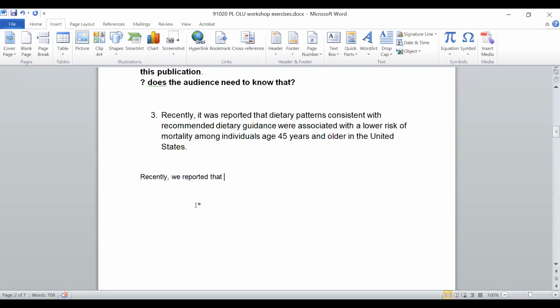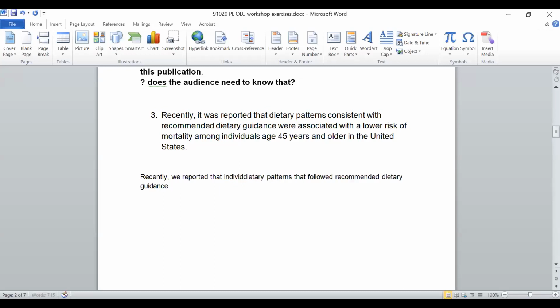Now, this is also a little difficult. Instead of "it was reported," we've got this active. Dietary patterns that followed, and I might not get away with that. This is where I might foreground people.